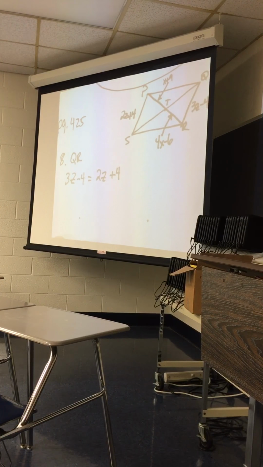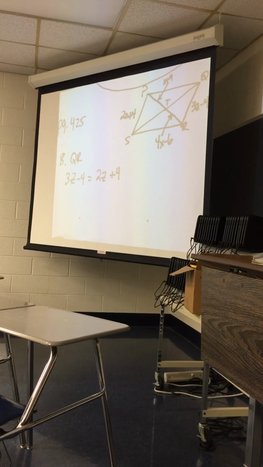Subtract 2z from both sides. z minus 4 is equal to plus 4. Now I'm going to add 4 to both sides. And I have z is equal to 8. Now that doesn't answer the question, but it gives us the value of z in order to find the length of QR.